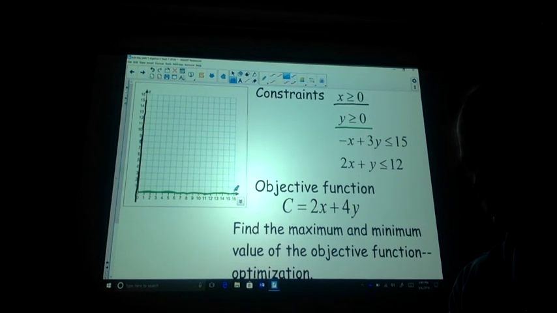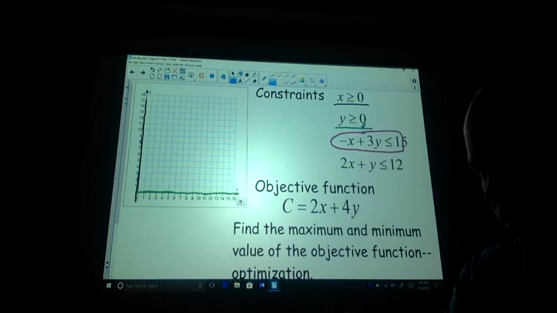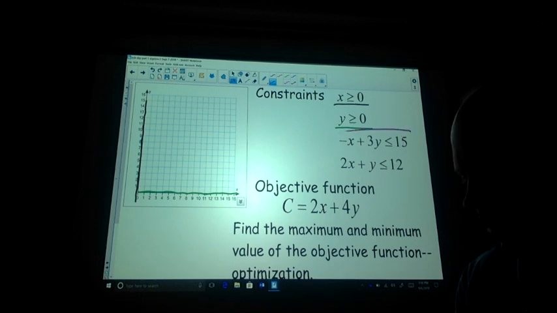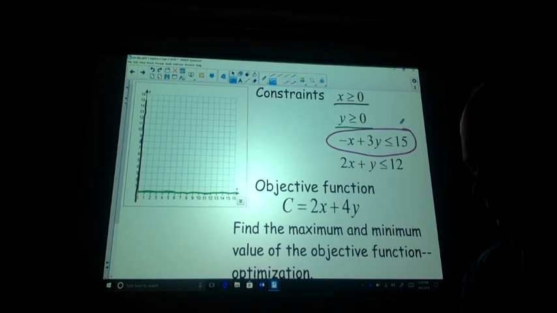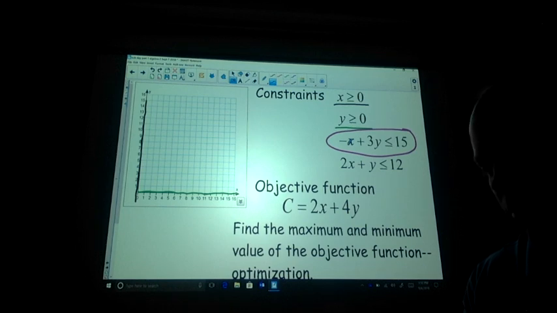For the other two, I could use my calculator, being sure to use slope-intercept form, or I could use the cover method. That would give me an x value of negative 15, which is not even on there, and a y value of 5.